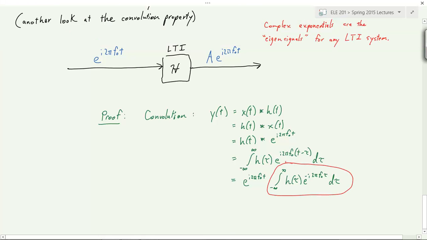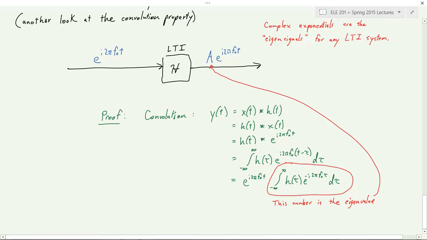For given f naught, this is just a number. And this is the so-called eigenvalue for that signal, because this is that A, right? Given a frequency f naught, we've just calculated, using only convolution, that we have some integral that's going to tell us how much that gets scaled.